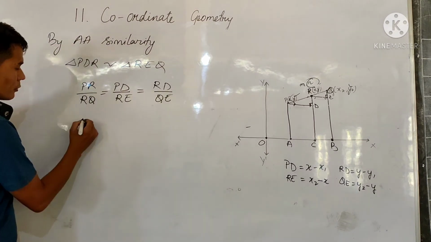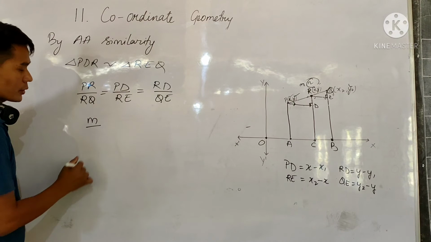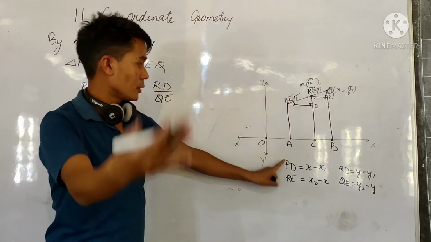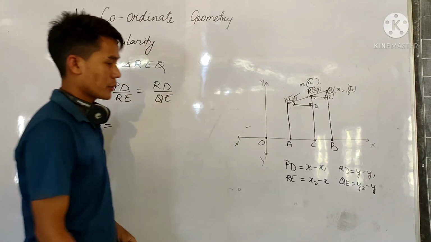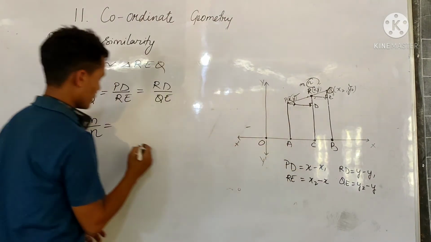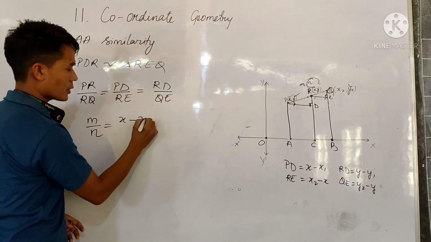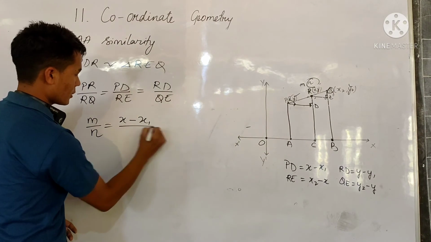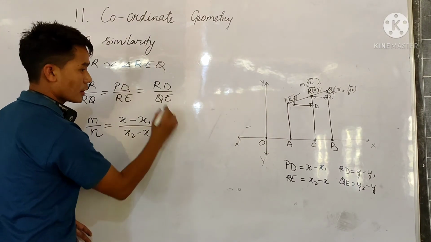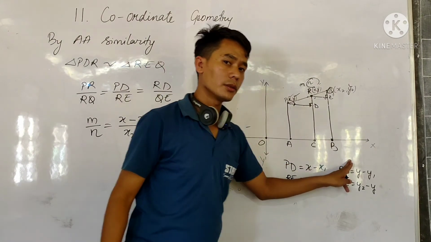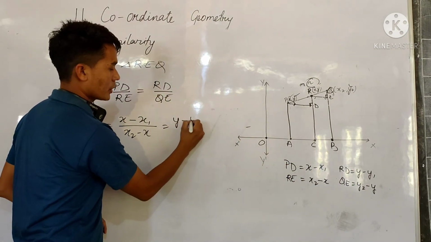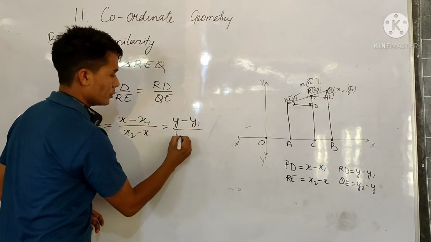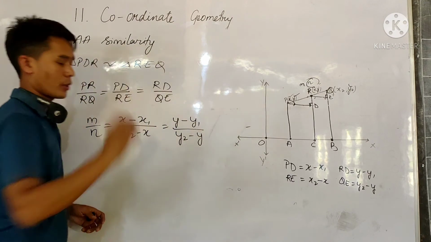Now we have the value of PR as m, RQ as n, PD, which we already solved before this, so you can check it back. PD is equal to x minus x1, RE is equal to x2 minus x, RD is equal to y minus y1, and QE is equal to y2 minus y.